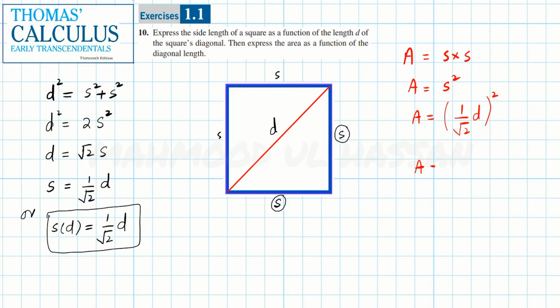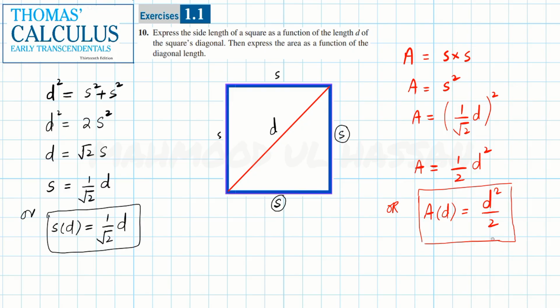So the area is equal to 1 divided by 2 times d square, so the area is a function of the diagonal d: A of d is equal to d square divided by 2. So this is the area expressed as a function of the diagonal d.